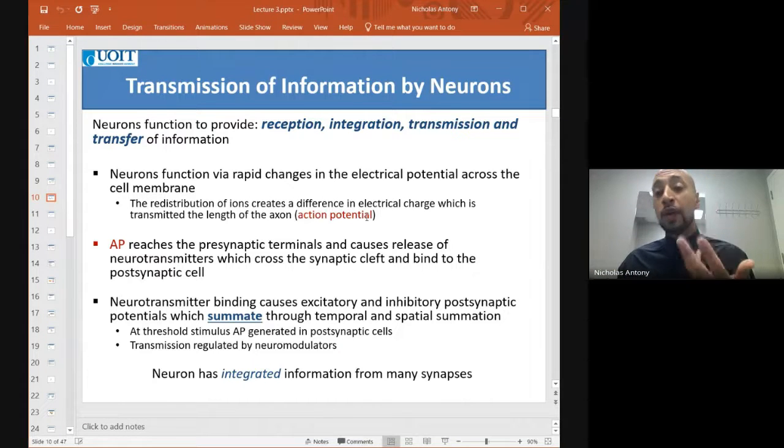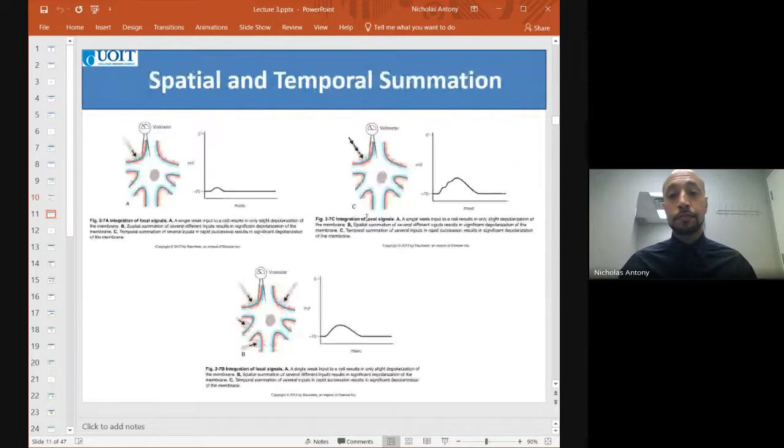So it's through this way that we say that the neuron is able to integrate information. It's not like a computer chip, but it is summating all of the different sort of information that's being input into the dendrites. So with spatial or temporal summation, that's called general summation, we can have local potentials that are going to add up temporally.